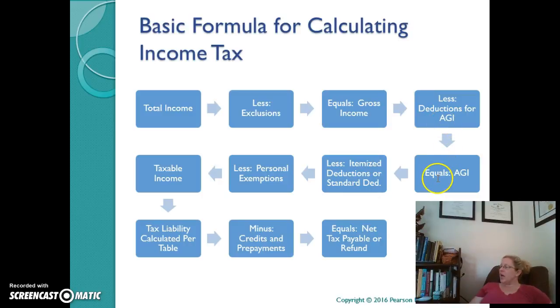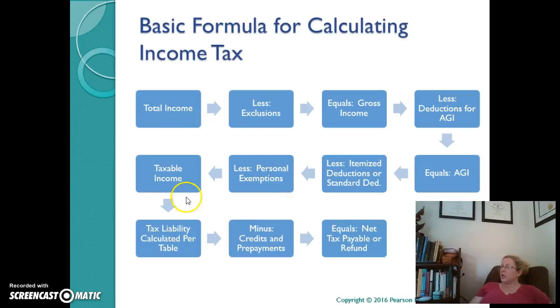Once you have your AGI, you can start the second page of the 1040. From there, you're going to subtract your itemized deductions or your standard deduction, and you will choose whichever one is the highest. Next, you're going to subtract your personal exemptions. You get an exemption for yourself, for your spouse, and any dependents.